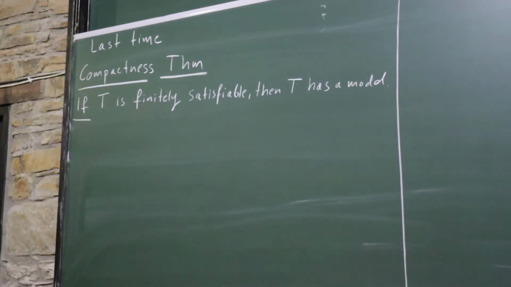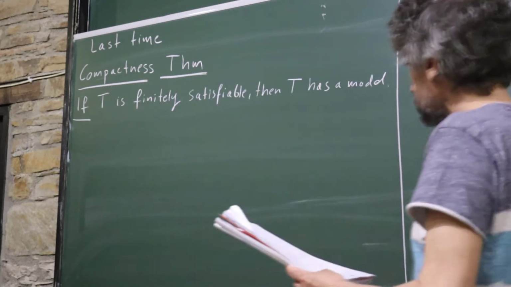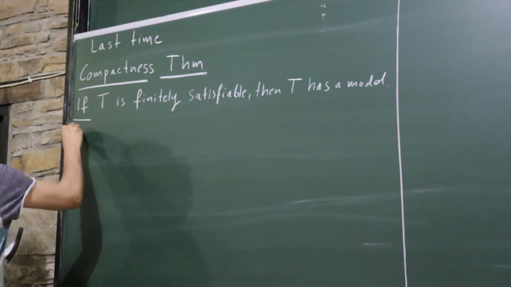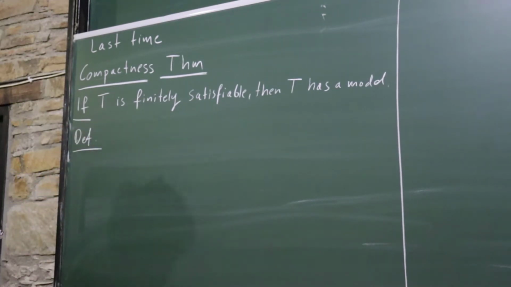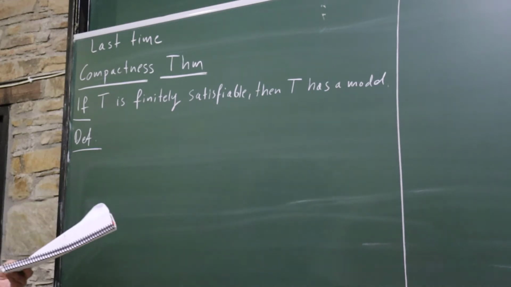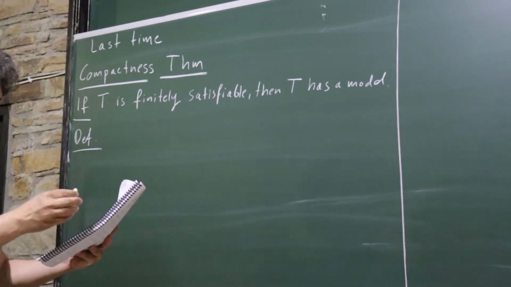So first still these general things, but quite interesting. One definition. This is not really related to our main topic, but it is about other ways of showing the compactness theorem, and then about some of its consequences and maybe even philosophical connections.